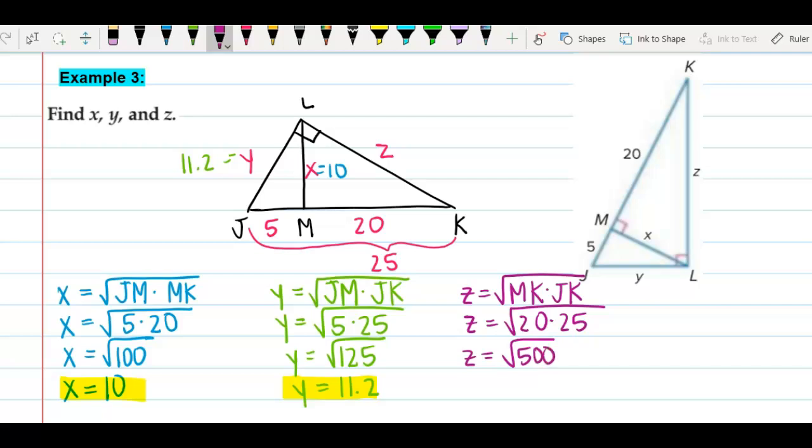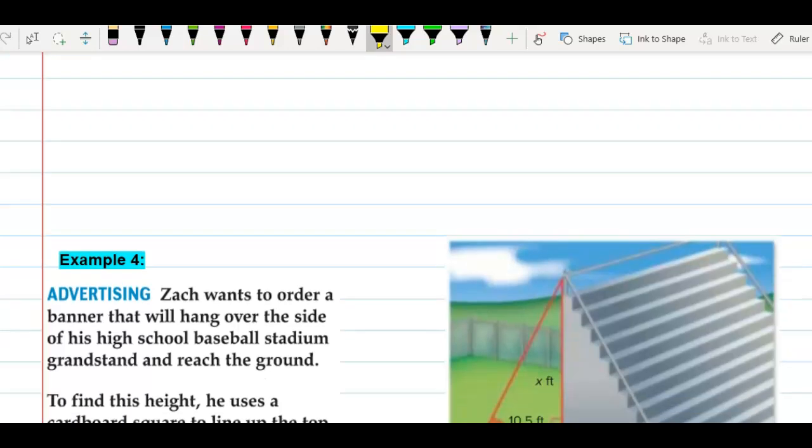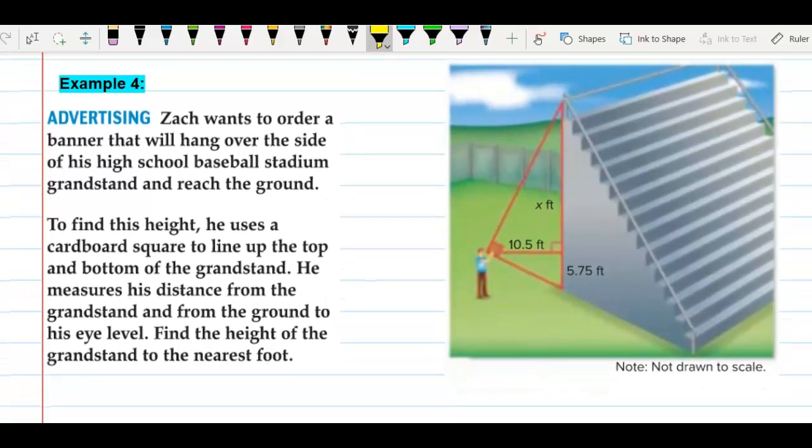Again, not a nice square root, so it's about 22.4. Okay, and that's how we use geometric mean to find sides and heights of a right triangle.